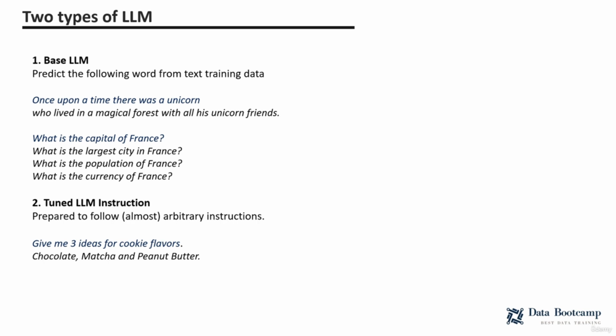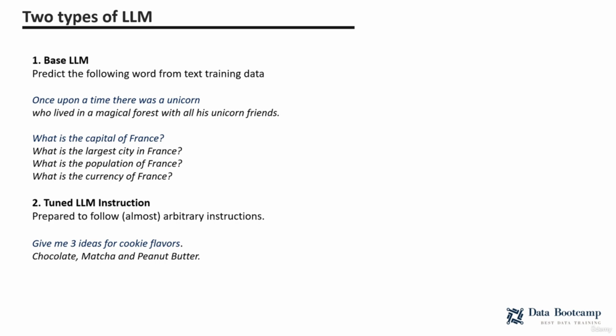For example, if we provide it with a sentence, the base language model can complete it. Even if we ask it about the capital of France, it can add relevant words related to the original question. In short, it relies on probability to determine the word or set of words that are most likely to follow in the given context.